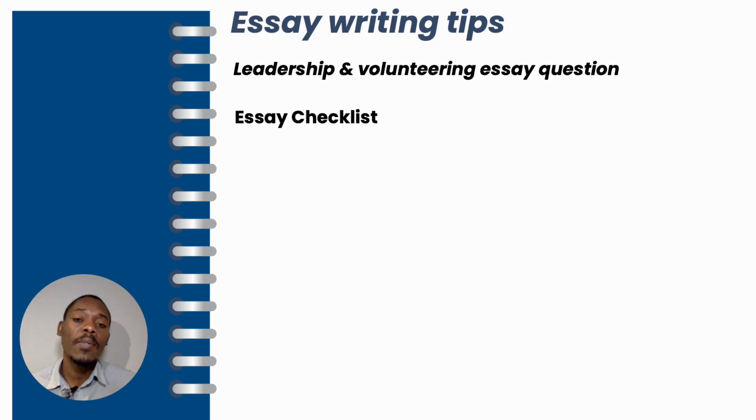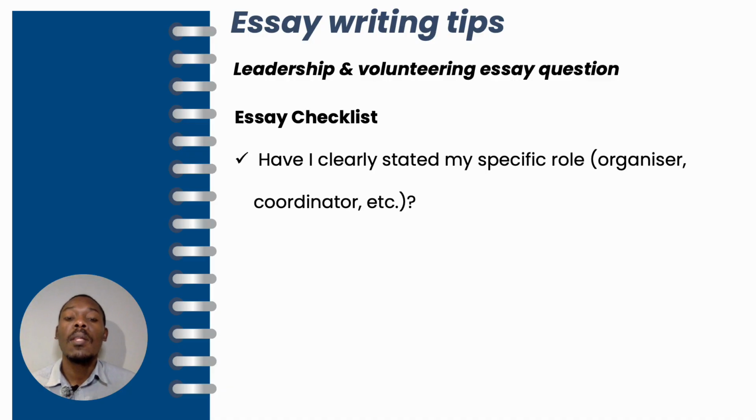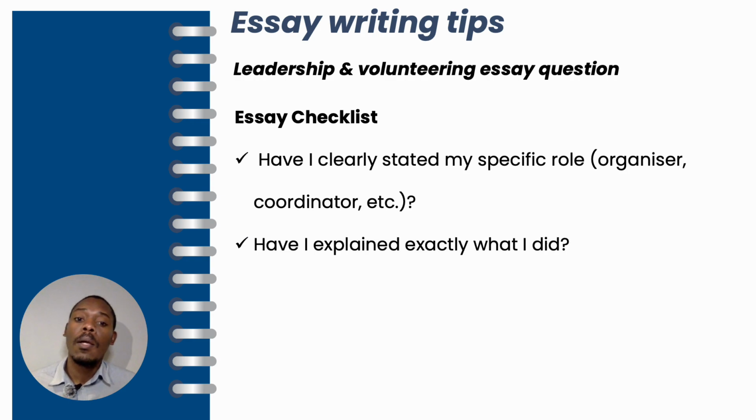Okay, so once you are done writing the leadership and voluntary essay question, you can use the checklist to see if you've clearly answered the question. The first thing you need to ask yourself is, have you clearly stated your specific roles in the organization? Have you explained what exactly you did, so the actions that you took?